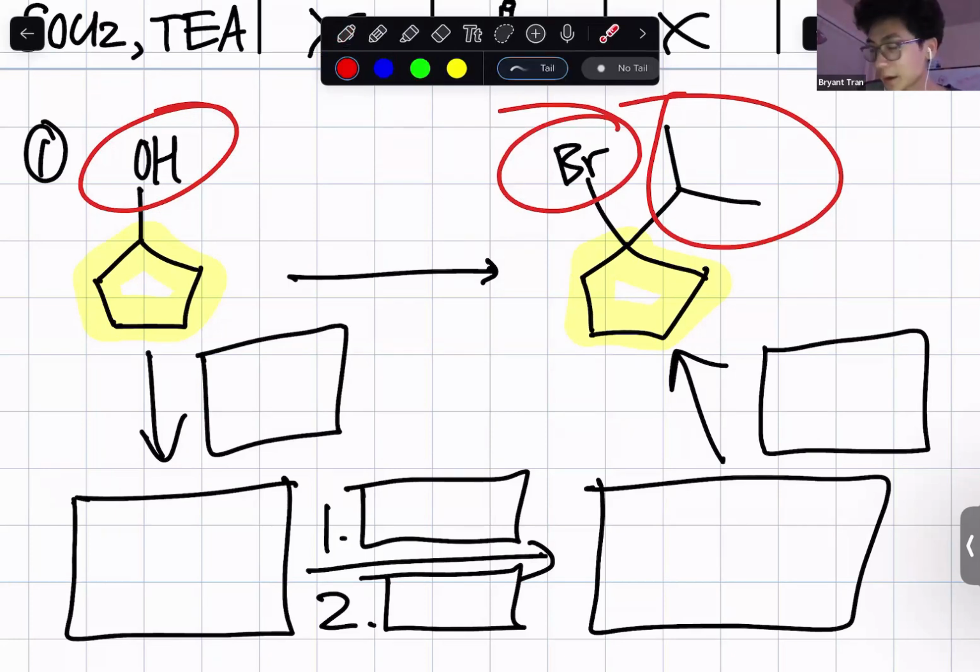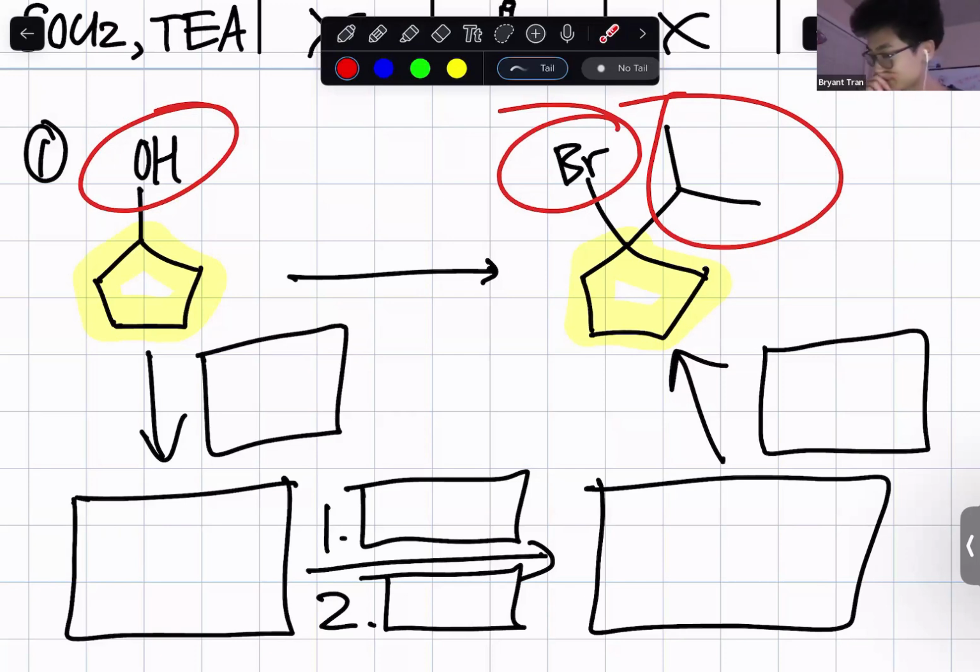Thinking of that now, I am going to start thinking about what reactions can give me this new R group. This is one of the newer reactions that you're learning this quarter. What reaction do you know that adds a new R group to the molecule? Grignard reagent, yes, correct. So we know that there's going to be a Grignard reagent somewhere in the mechanism.